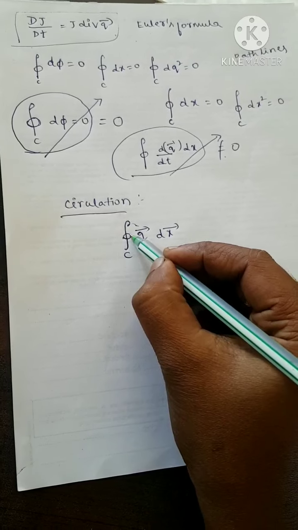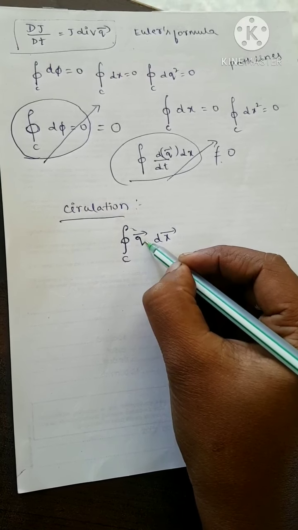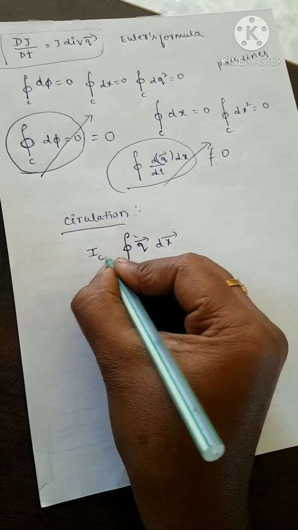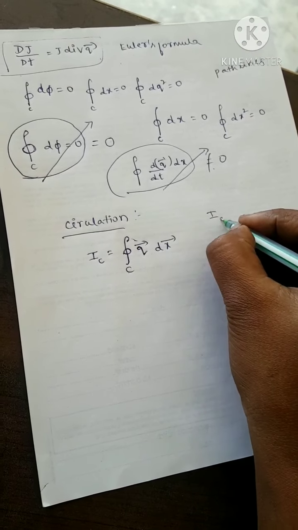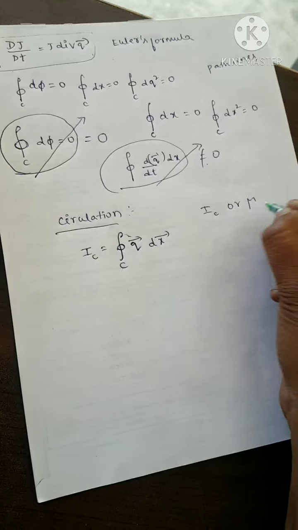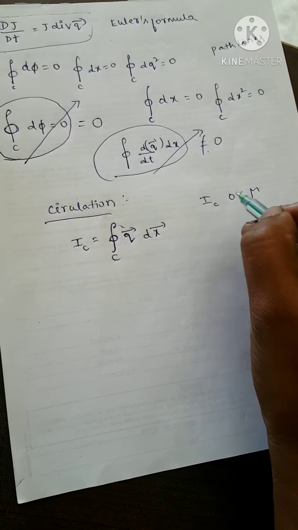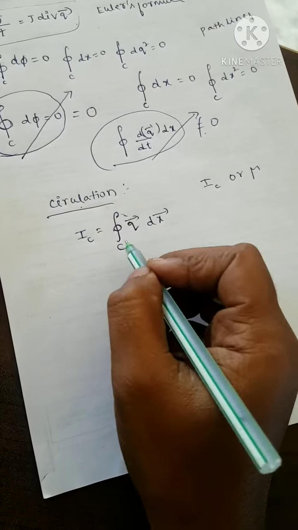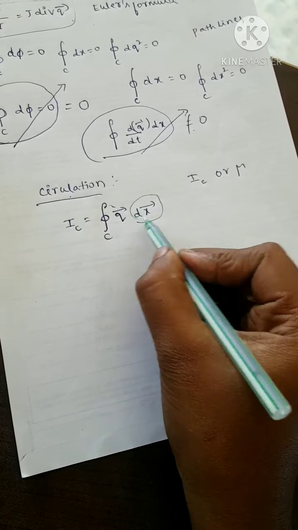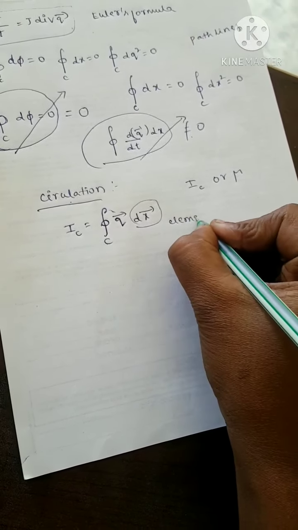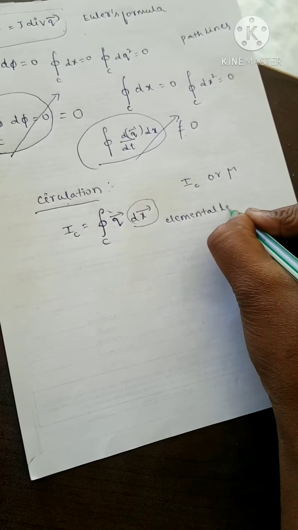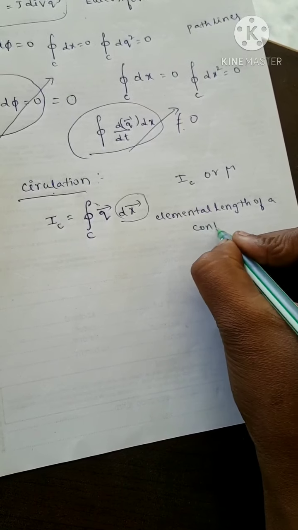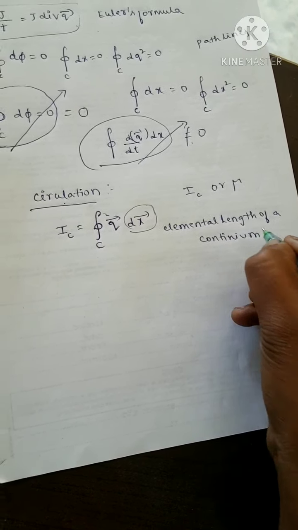The closed integral of the velocity vector q around a closed curve is called circulation, and it is denoted by IC or the symbol tau. Tau or IC is a representation for circulation. This is the definition of circulation, where dx is an elemental length of a continuum.